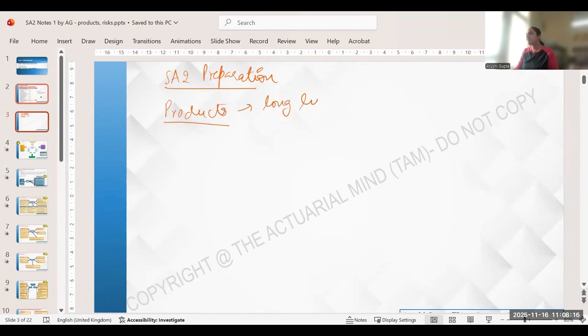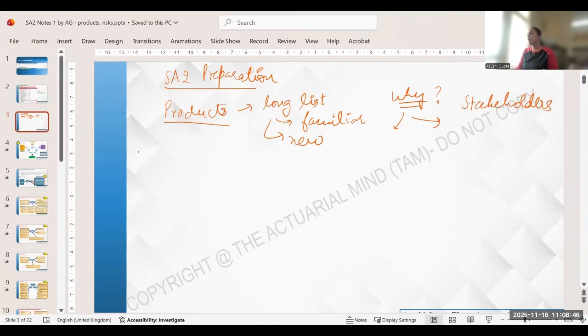Some of these you have seen in the past in subjects like SP2. So some are familiar to you, some are new, but these really form the base. If you're not clear about the features, not just in terms of what a particular product pays, but in terms of why those features exist, because they are meeting the needs or the point of view of one or more of the stakeholders in the business, right?